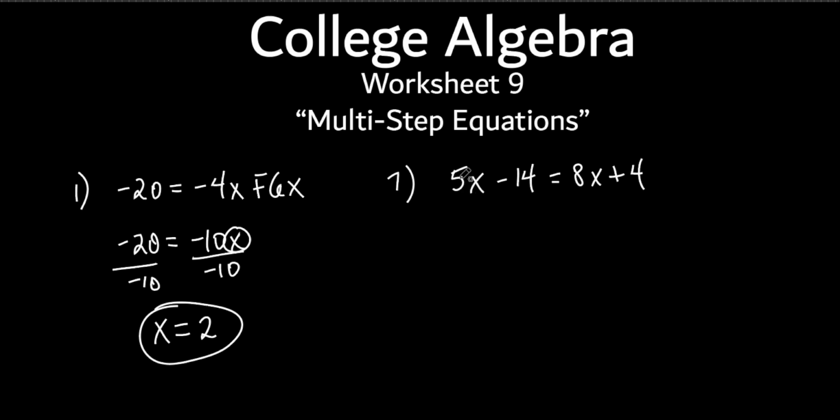I'm not just getting rid of the 5, I'm getting rid of the whole entire term. Since there's a positive, you don't see it, but if you don't see it, it's always positive, right? Since this is a positive 5x, I get rid of it by subtracting a 5x. Remember how we added like terms here? We're going to do the same thing over here. So if I subtracted a 5x from the left side, I have to what?